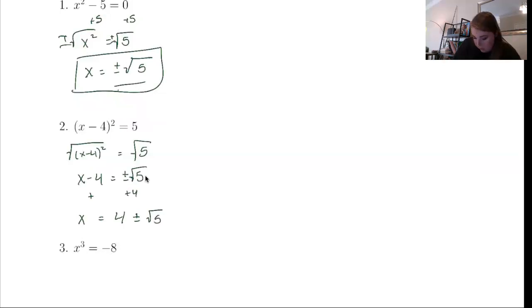And I've also seen some people write it like they'll do each one: 4 minus square root of 5, or 4 plus square root of 5. I think on WebAssign, since it doesn't have a plus or minus, it asks you to write it as a comma separated list. And that's what this means, like that.